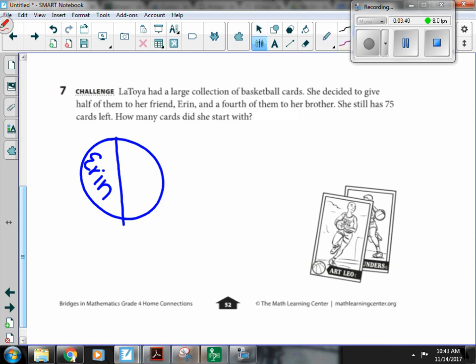Well, if I cut this into 4ths, then here's 1/4 that her brother gets. Okay, and how many cards did she start with? And she still has 75 left.